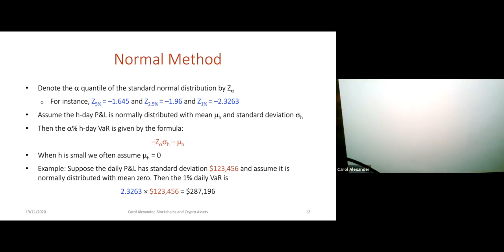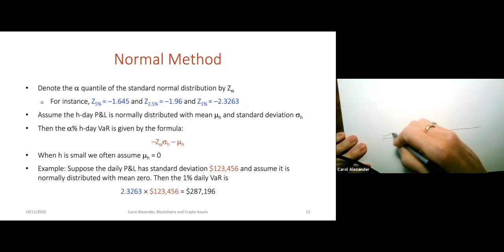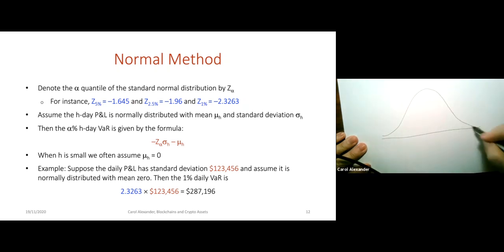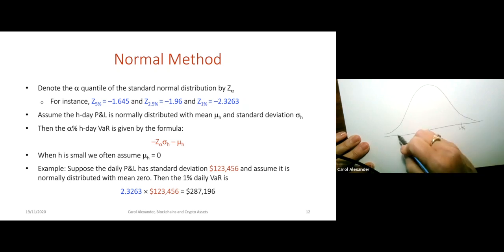So these are the features of a standard normal distribution. The mean is 0. By the time you get to plus 1.96 or minus 1.96, or 1.645 or minus 1.645, let's have a look at those two.